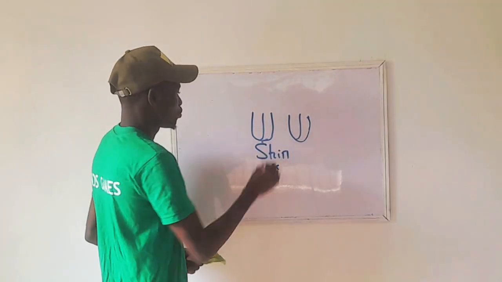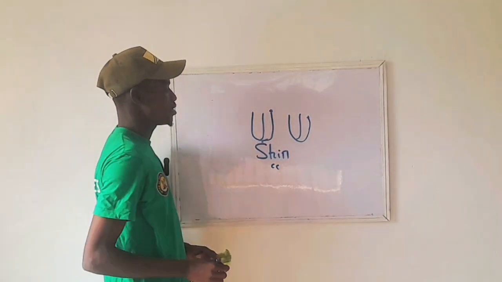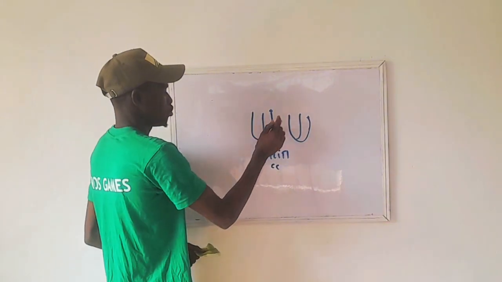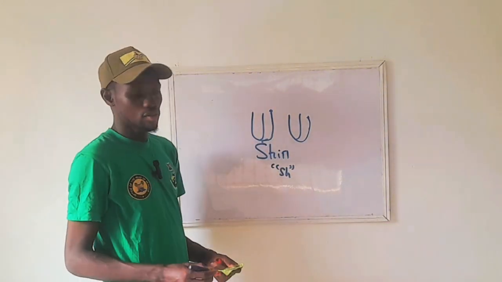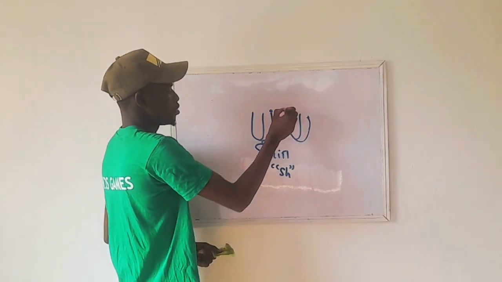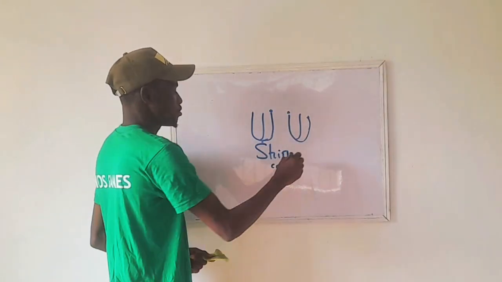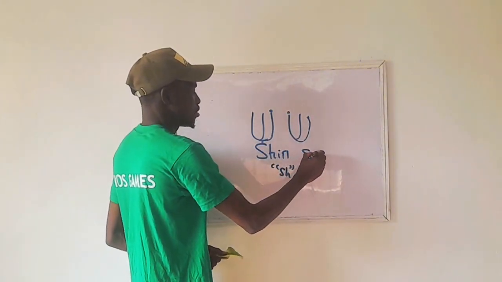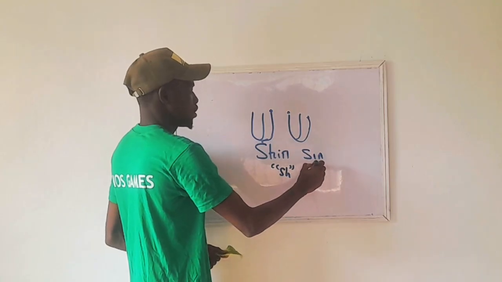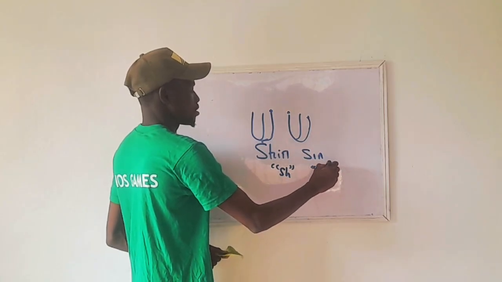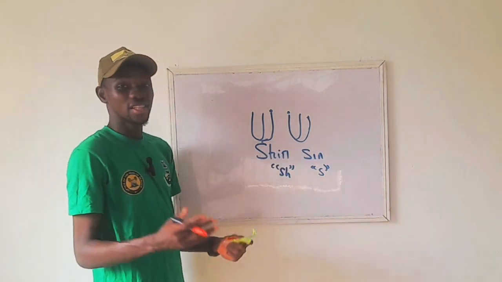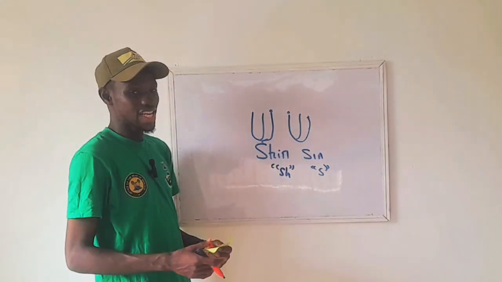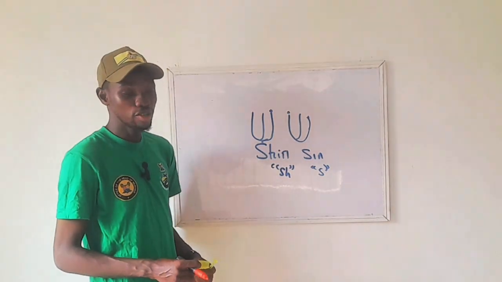So we put a dot on the right hand side to give it the sh sound, shh, and then we put it on the left hand side to give us the s sound, and that we call sin, to give us just the s sound. So now you have three letters that can be translated as s in Hebrew.